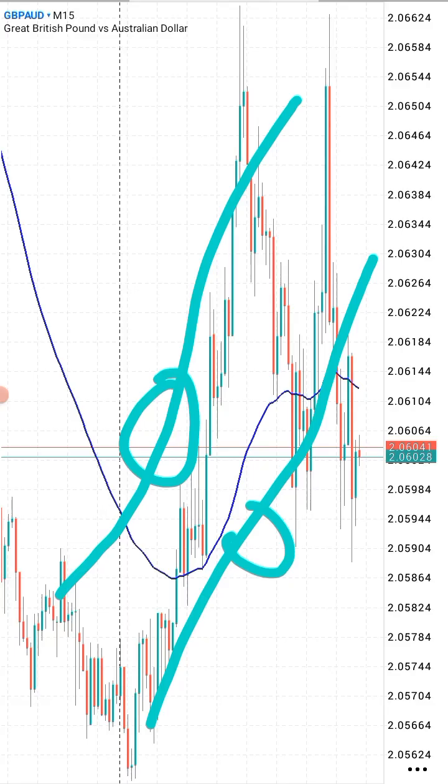Now, the channel acts, let me use the word, like a magnet, pulling price back when it moves too far away. This also helps us to identify fake breakouts, stop hunts, and traps that the market makers are making, and also filters many things.